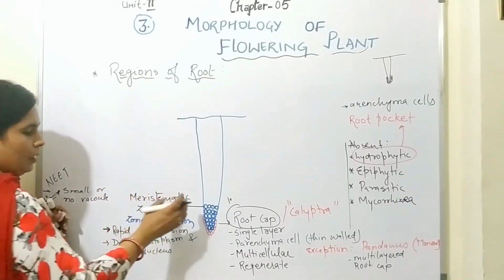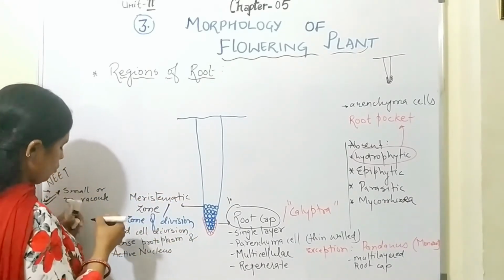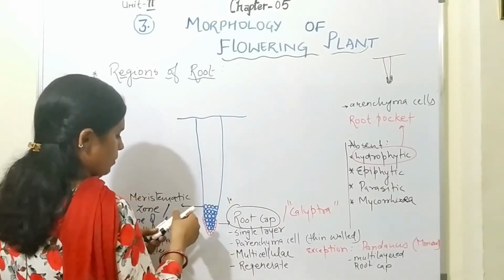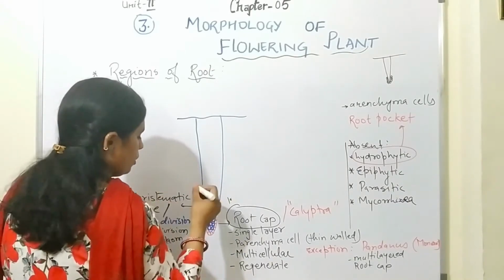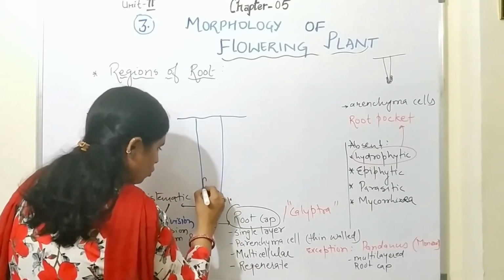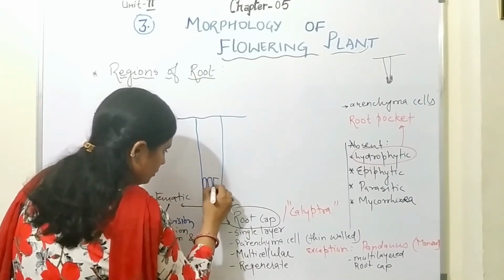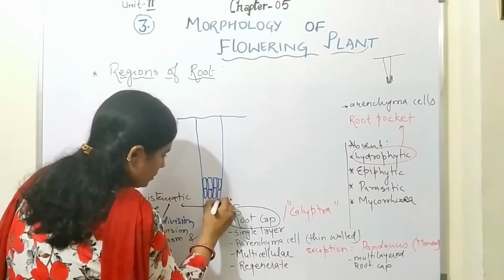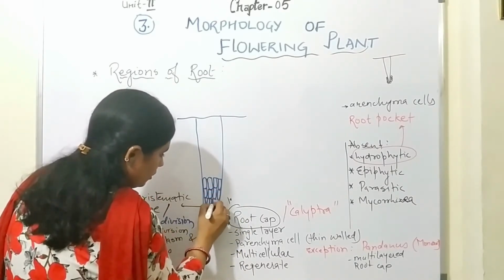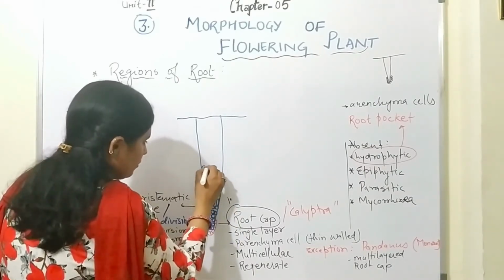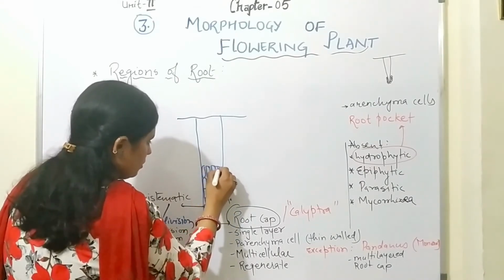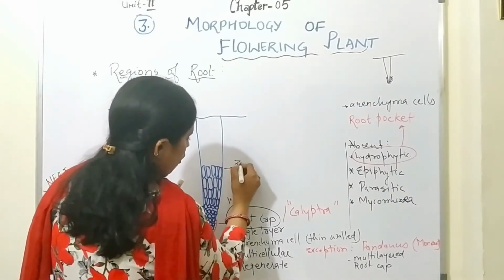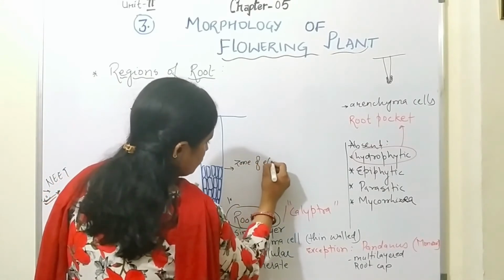Then this meristematic zone is also called the zone of division. Above this meristematic zone, you will find the zone of elongation. The cells will increase in length. Fine, like this. So, this is the zone of elongation.